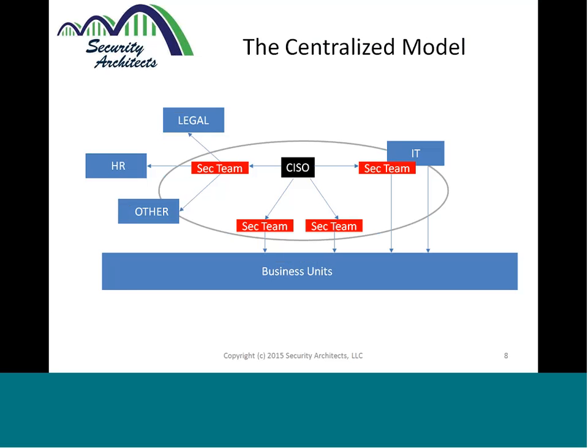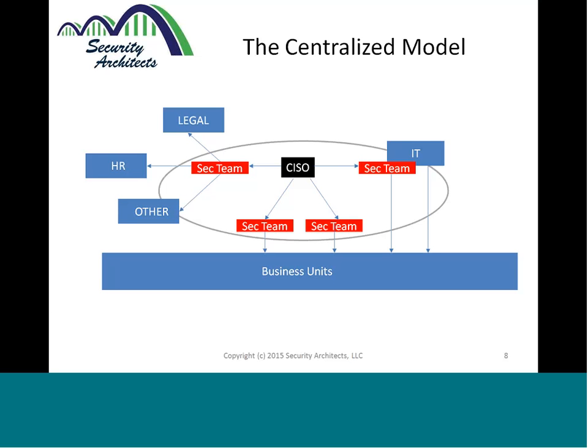You see some of them are sort of freestanding within the gray circle of the security department, and one team is embedded in the IT department, because in the case of IT, that's really what we're all about in security, is protecting IT, information security. So we're embedded, this team, in IT.